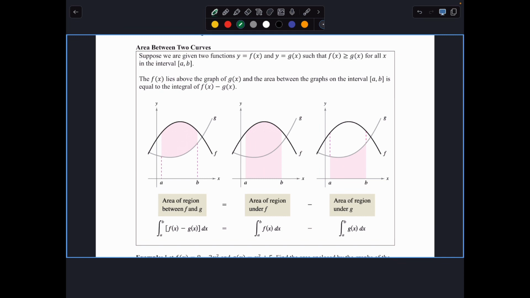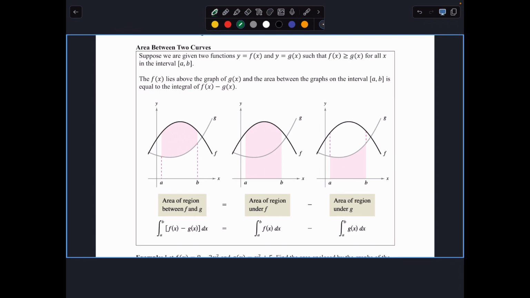Another way to think about it is, the integral from a to b of f of x minus g of x would be the area bounded between f and g. But another way to think about it is if you were to apply integral properties, like splitting that up. The integral of f of x from a to b would be the area bounded by f and the x-axis.